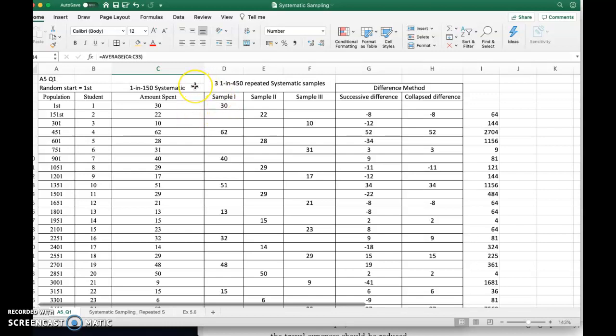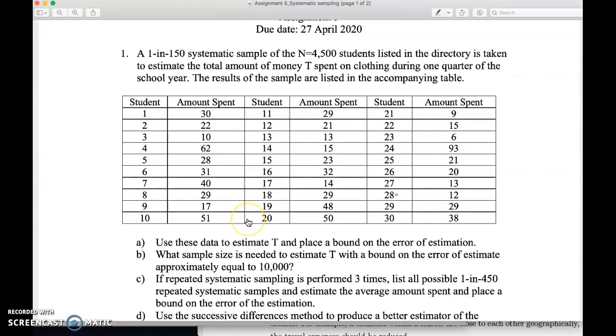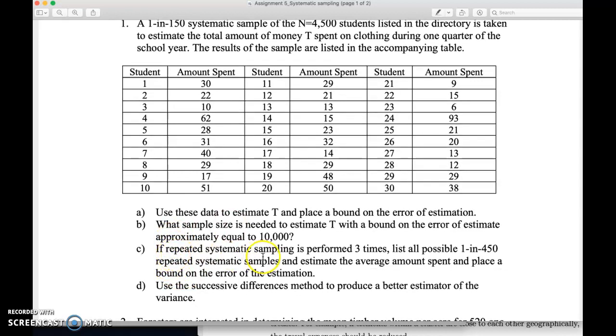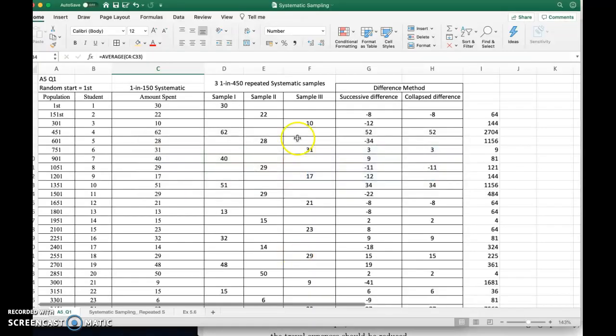Secondly, we can try to rearrange the systematic sample into repeated systematic samples. So let's say question 1 in the assignment is that if we repeat a systematic sampling 3 times, list out all the possible 1 in 450 repeated systematic samples. So this is how I do that.